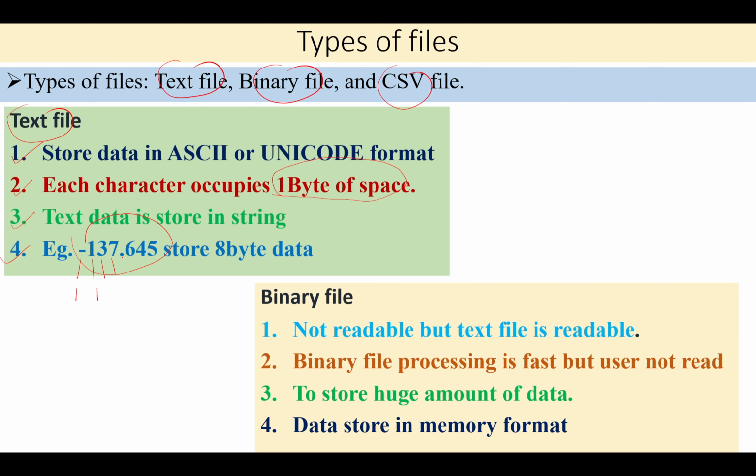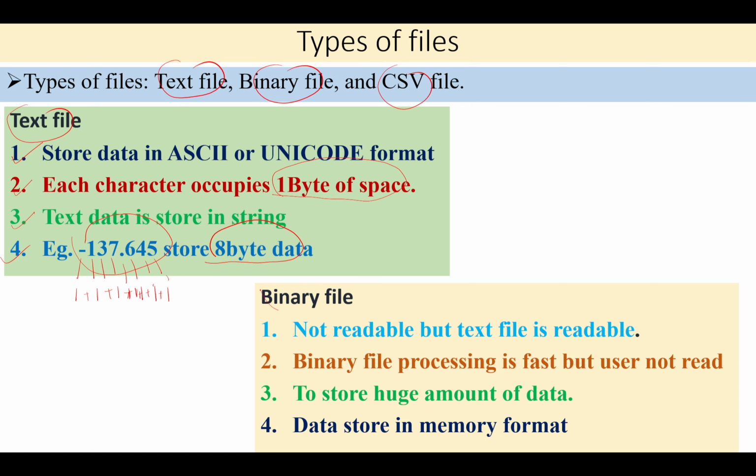If you count here, the dot also stores 1 byte, 6 also 1, and 5 also 1 byte. If you add all these: 1 plus 1 is 2, 2 plus 1 is 3, 3 plus 1 is 4, 4 plus 1 is 5, 5 plus 1 is 6, 6 plus 1 is 7, 7 plus 1 is 8. So 8 bytes of data are stored by this number.